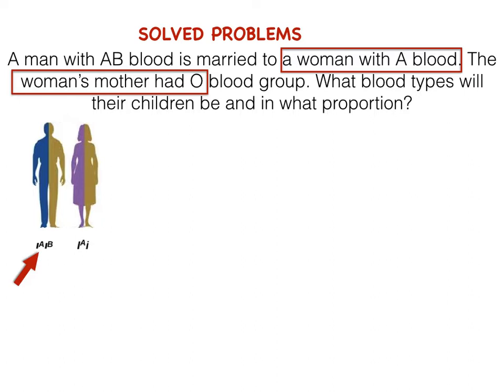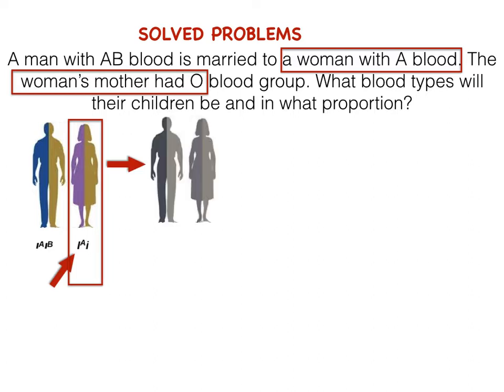I will show you. We select the woman, and let's go back to her parents and see how she can have a heterozygous IA i genotype. In the black and white picture, her parents are shown.